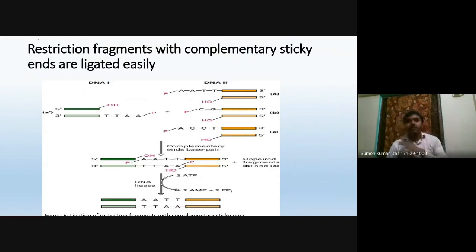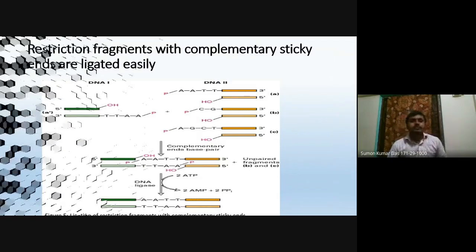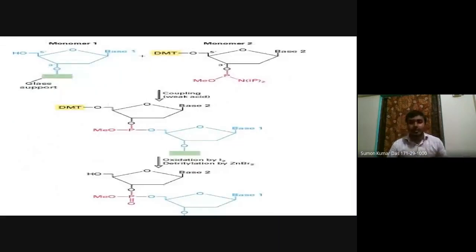Through this process, finally we get such types of nucleotides, several chain reactions, like monomer 1, monomer 2. They are coupling and form dinucleotides. In this position, they are combined to each other. Here the 3 position and here the 5 position.